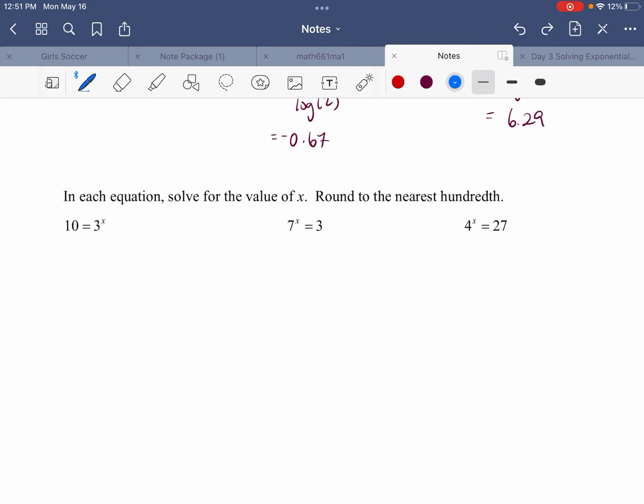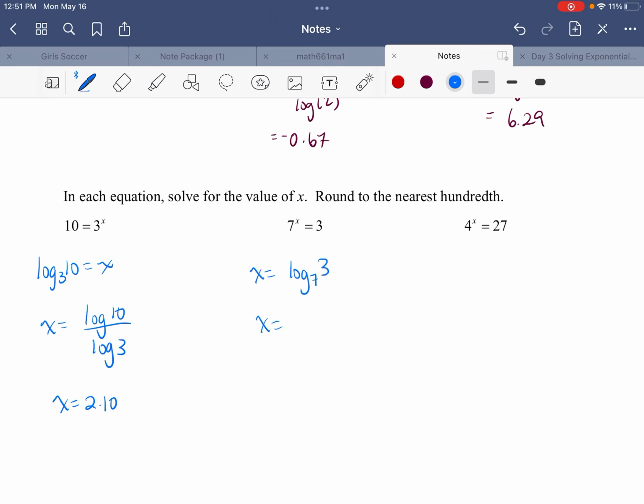So let's solve for the value of x. We're going to change this to a logarithmic form. So log base 3 of 10 is equal to x. So x is equal to log 10 divided by log 3, and x is equal to 2.10. Here we get x is equal to log base 7 of 3.